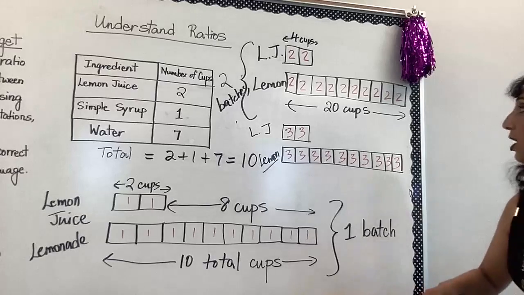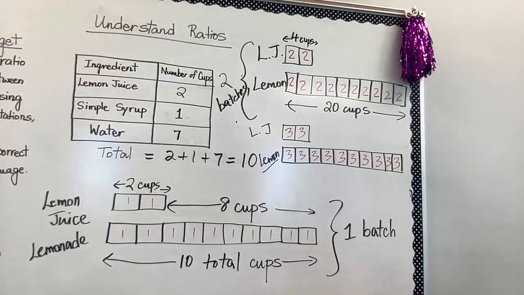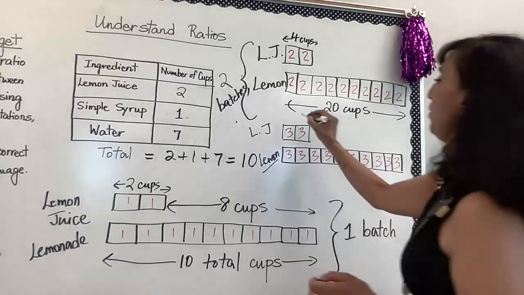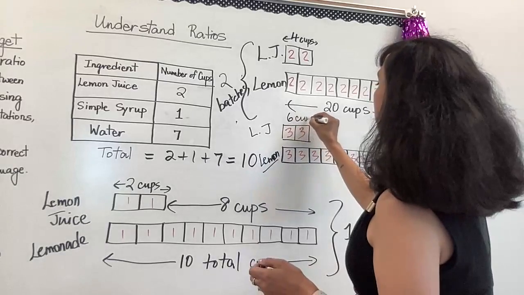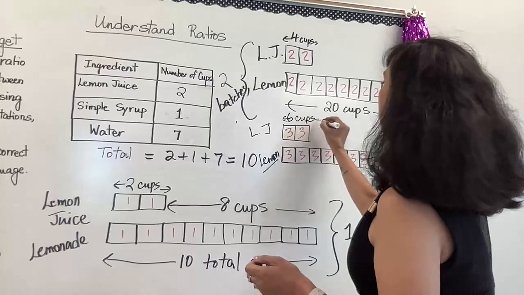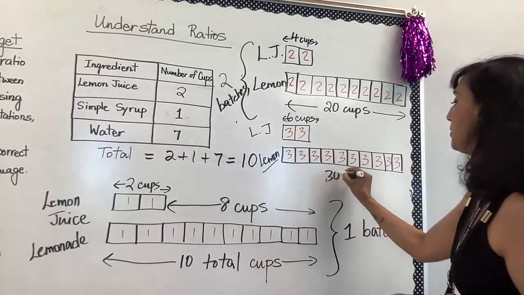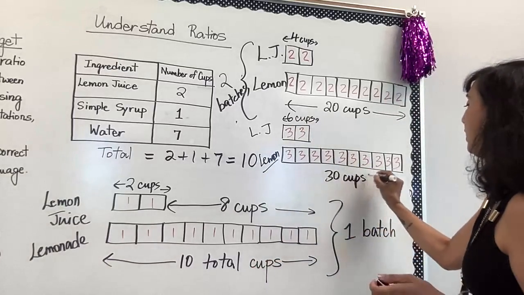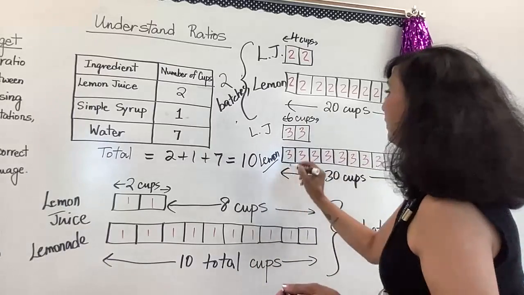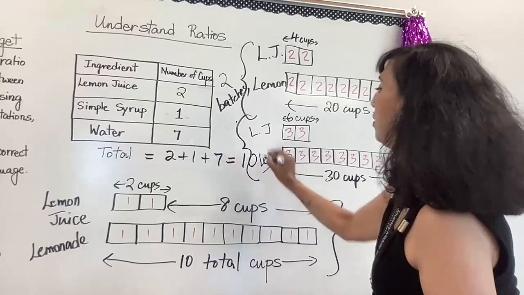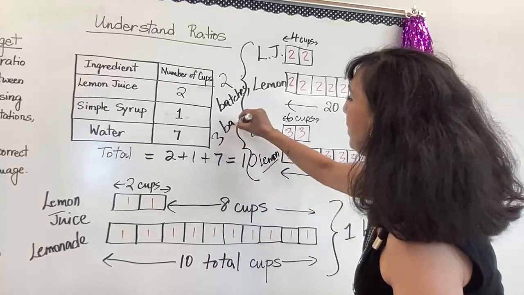Now if I look at this, what do I have? I have 6 cups over here of lemon juice to 30 cups here of lemonade. And this one is for how much? This is for my 3 batches.